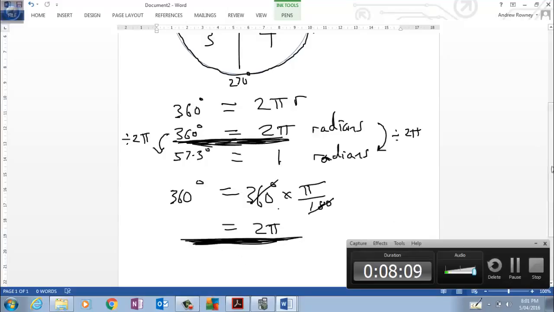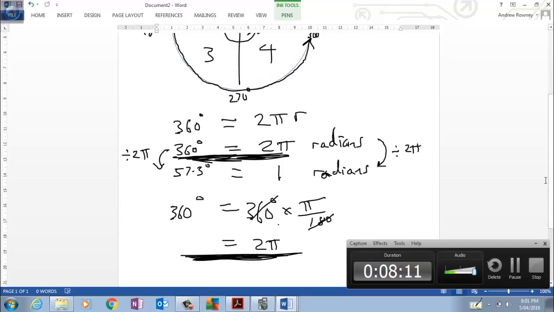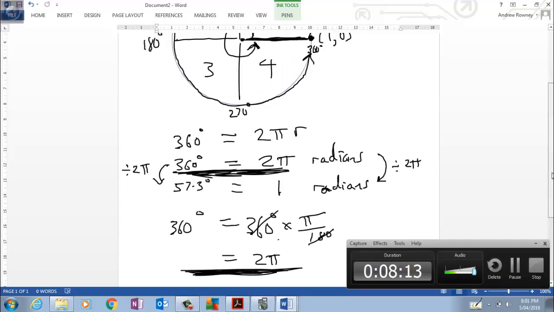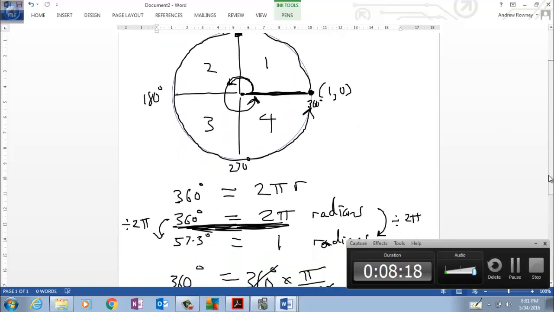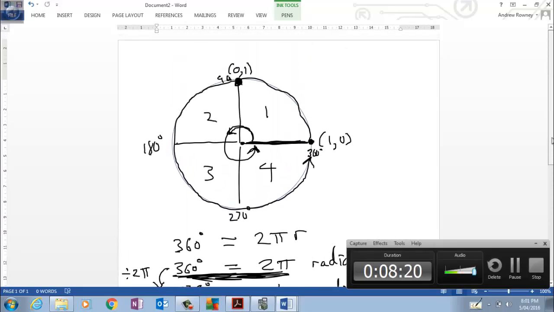So the conversion chart agrees with this concept of the circumference, and you can do that for any angle. So for example, let's try and complete this now for all of them.